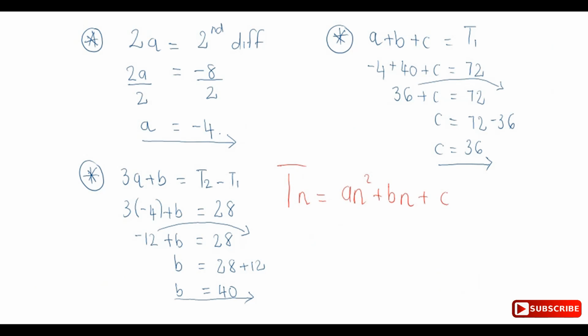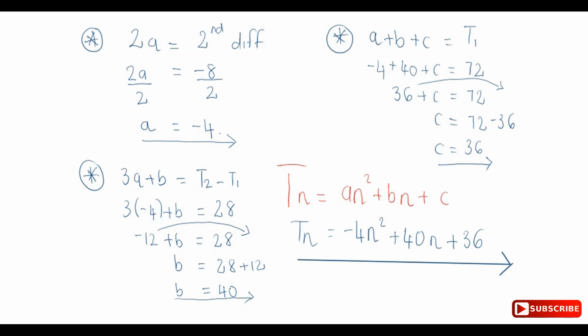So we're going to substitute the values of A, B, and C into this formula. So it's -4n squared plus 40n plus 36. So the formula for our nth term of our quadratic sequence is -4n squared plus 40n plus 36.